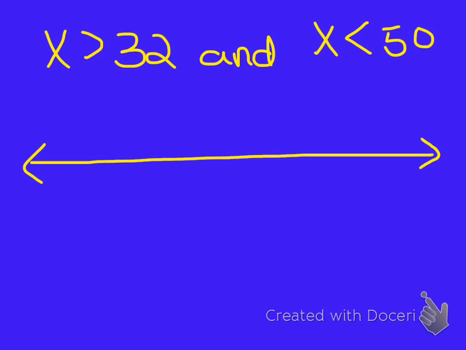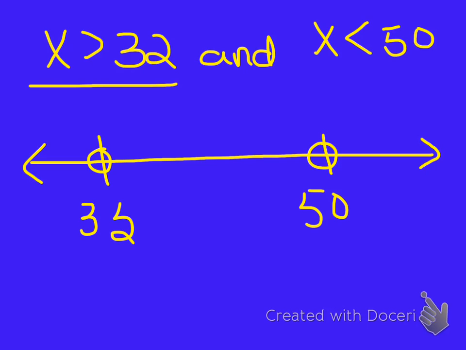So if we were to graph this, I don't care where the 0 is at this point. Just put the 32 and the 50, and make sure that the 50 is over on this end. They're going to be open circles, because in this case we don't have those little underlines. We look at each one of them: X is greater than 32, so it's going to go this way, and X is less than 50.